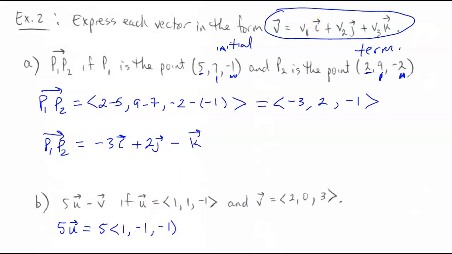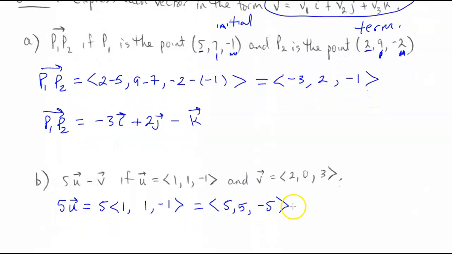That should be a positive 1 for the y component. So that's just going to be 5, 5, negative 5. Of course, for minus v, that's just going to be the direct opposite direction, which means we'll just multiply all of our components by negative 1.